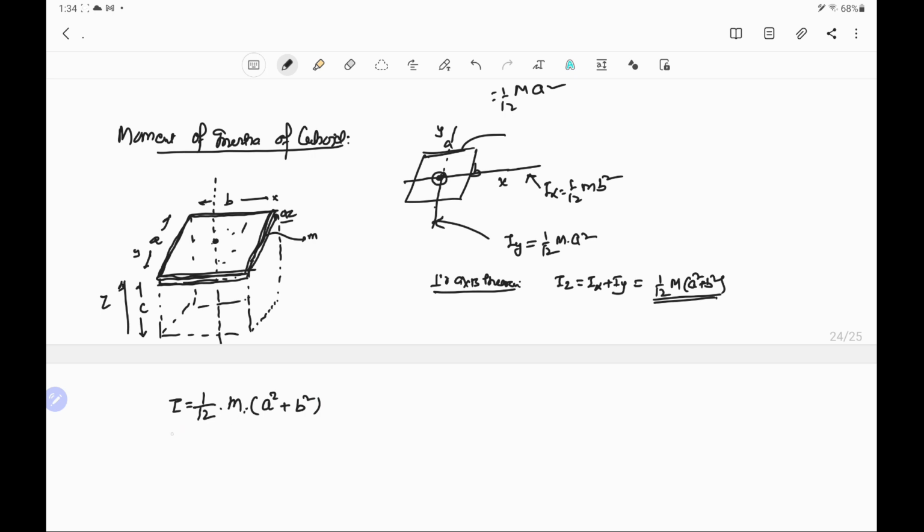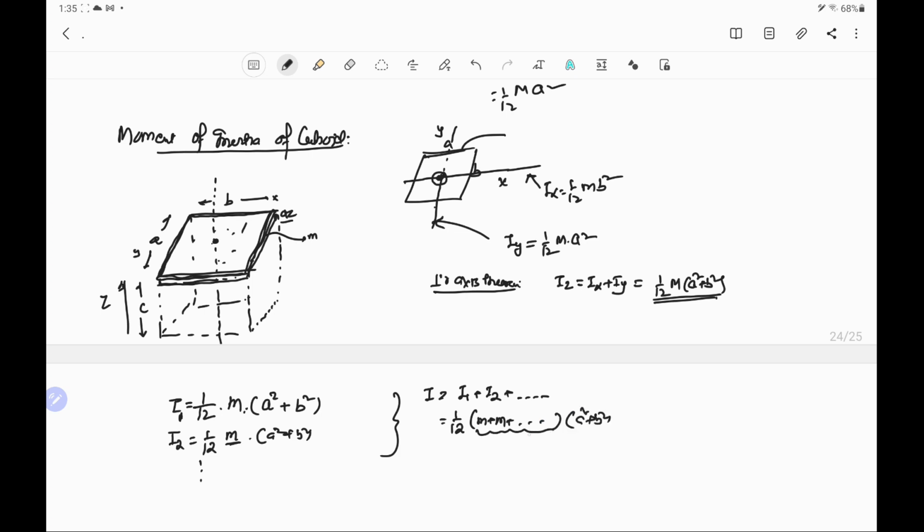Similarly, we take another part. This is I1 suppose. We take another part. The moment of inertia will also be, the mass of this other elementary part will be small m, into A square plus B square, and so on. This implies that the final moment of inertia will be the sum of all elementary moments of inertia, and it will come equal to 1 by 12 (m plus m plus ...) into A square plus B square.